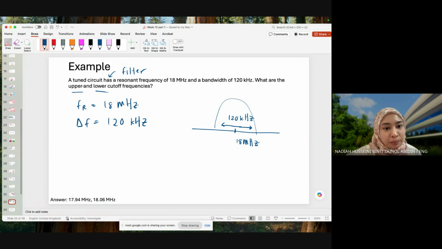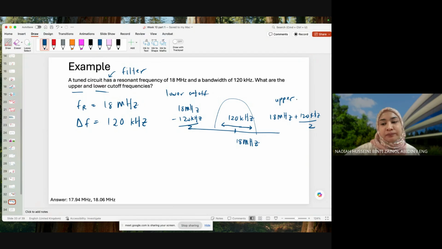It's asking for the upper and lower cutoff frequencies, which means that you need to provide values. So the upper is going to be 18 megahertz plus 120 kilohertz divided by 2, and this guy, 18 megahertz minus 120 kilohertz divided by 2, is going to be your lower cutoff frequency.